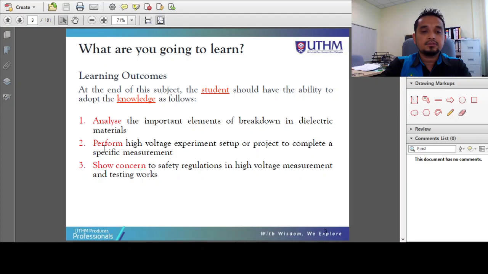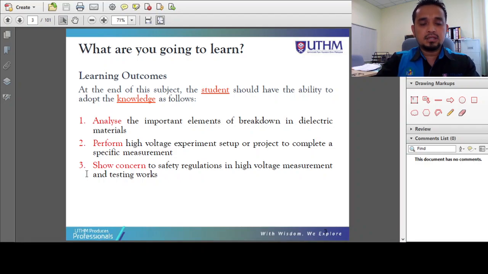On top of that, a student is expected to be able to perform a high voltage experimental setup and to show concern for the safety aspect in high voltage engineering, which shall be delivered through the project and assignment. Objectives 2 and 3 shall be delivered through the project and assignment.